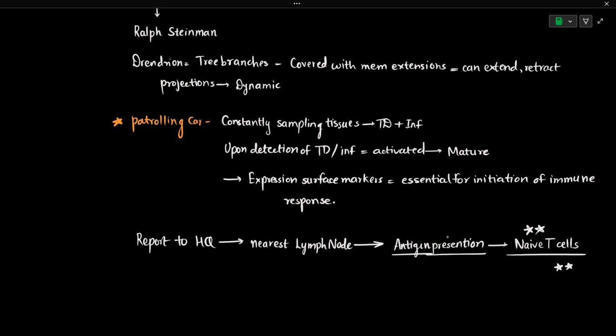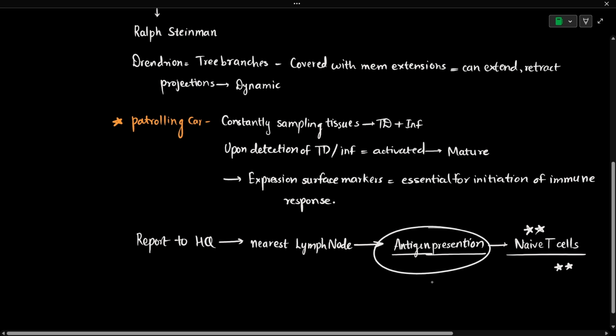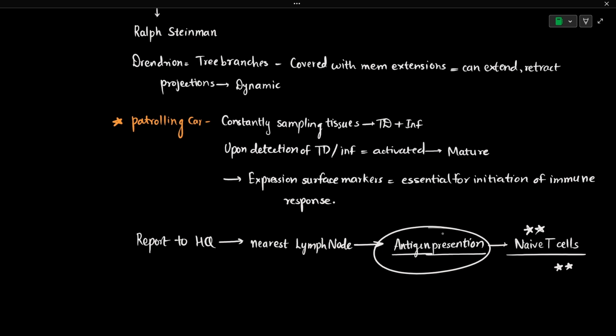The antigens they have gathered at the site of infection, they present on a platter to the naive T cells, and this is how naive T cells get information about the damaging activity going on at the site of infection. This is how the initiation of the adaptive immune response due to antigen presentation is done by the dendritic cells.